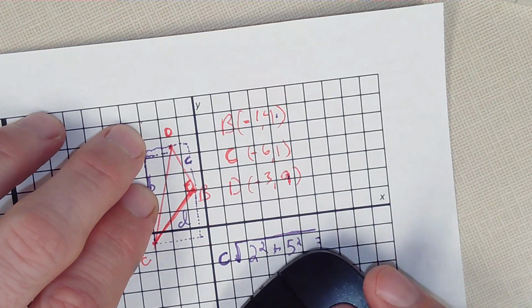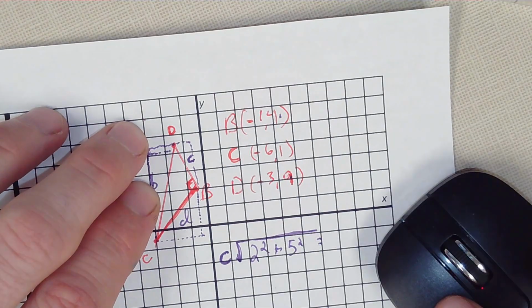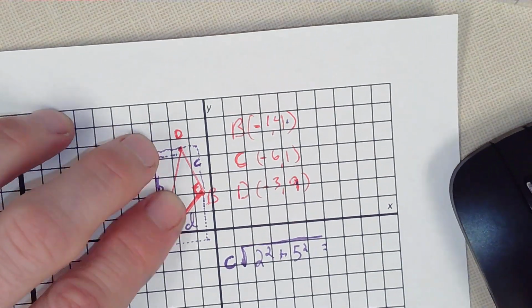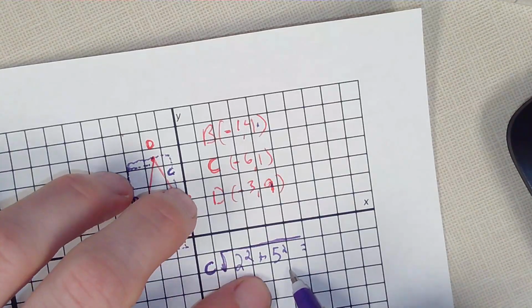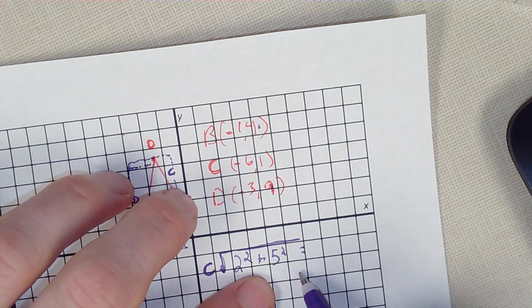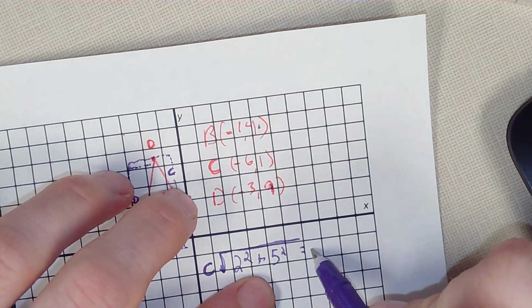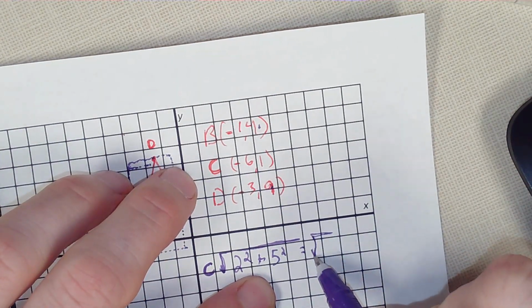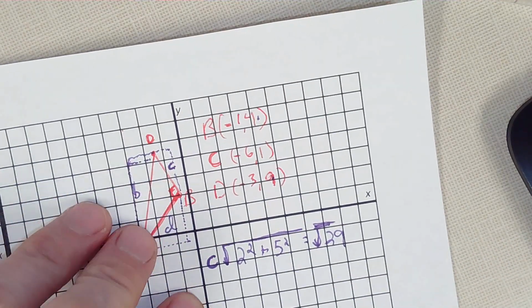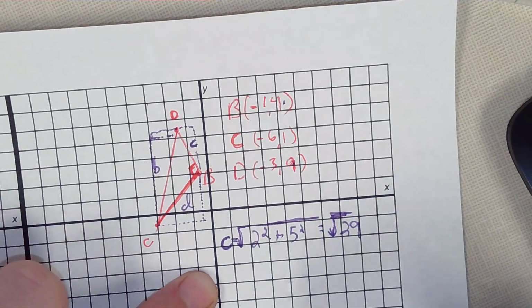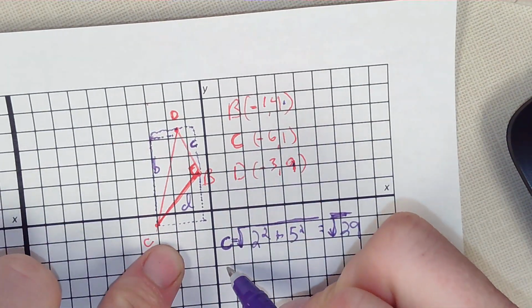Let me look at something real quick. Nope, everything's good. All right, so db is 2 squared is 4 plus 5 squared is 25. So this is going to be equal to the square root of 29, which I'm leaving the way that is. Okay, so that is C. So C equals that.